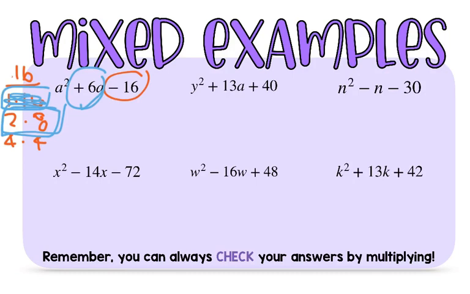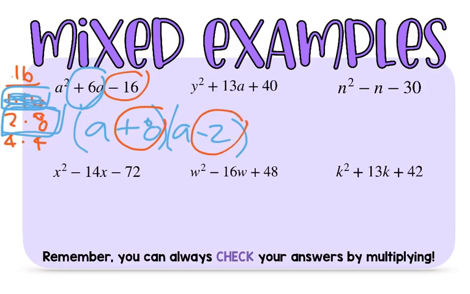So I need to have a positive 8 and a negative 2. So I'll write that out with a positive 8 and a negative 2. And the reason that works is because positive 8 times negative 2 is negative 16 when you multiply them. And when you add them, you get 6. So those are the correct choices.